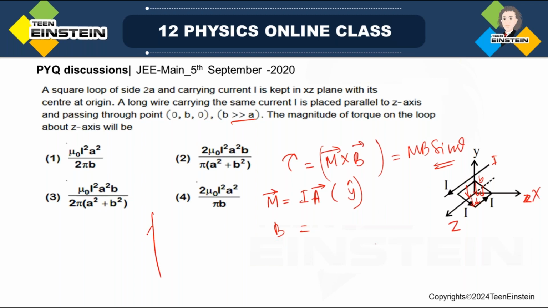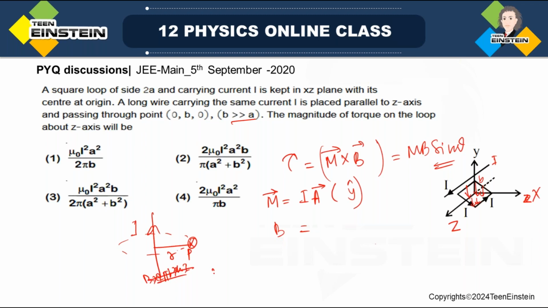For a long straight wire carrying current I, calculating the magnetic field at a point P at distance r, I use Ampere's circuital law. The right side will be mu 0 I, and the left side will be the integral of B dot dl, that means B times 2 pi b.